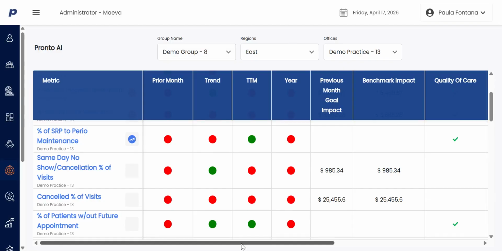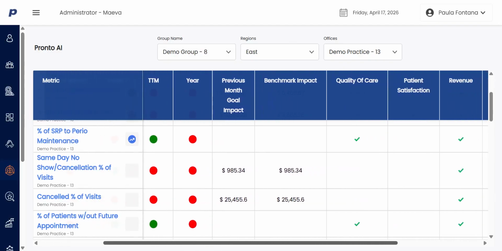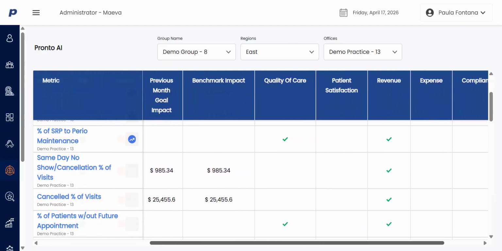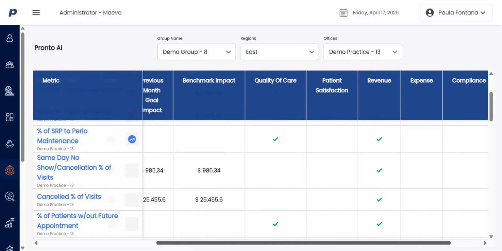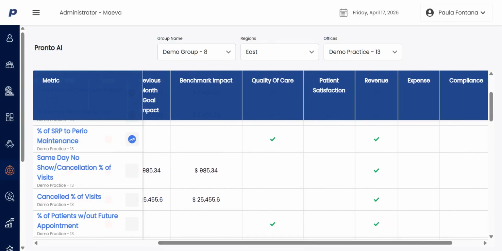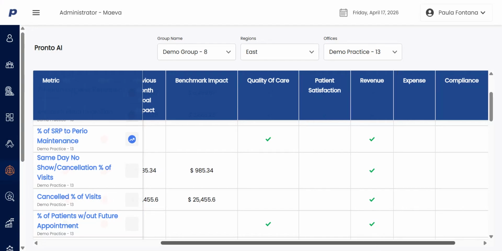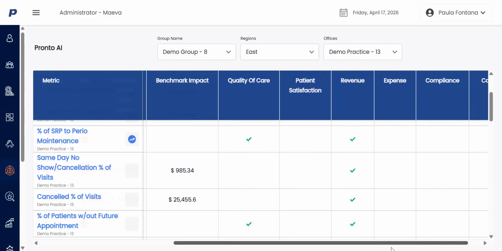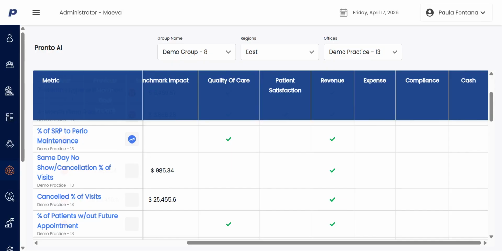And we're also looking to see the benchmark impact and where this particular metric impacts patient experience and the financial performance of the practice. So quality of care, if you see a check mark there, that's an indicator that that's being affected by an underperforming performance metric. Patient satisfaction, and then compliance and some of these other financial areas of the business.